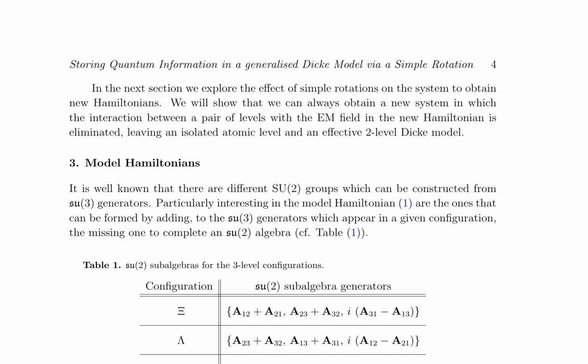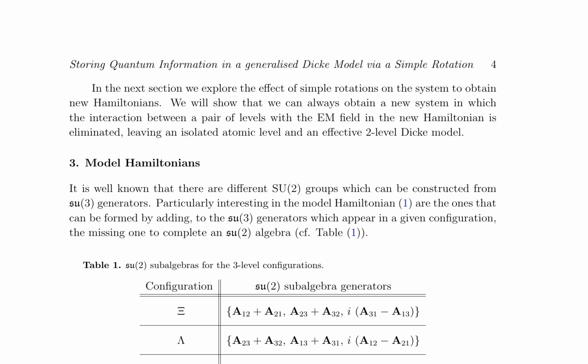In this section, we explore the effect of simple rotations on the system to obtain new Hamiltonians. By applying specific rotations, we can eliminate the interaction between certain pairs of levels and the EM field, effectively reducing the system to an isolated atomic level and a two-level Dicke model.